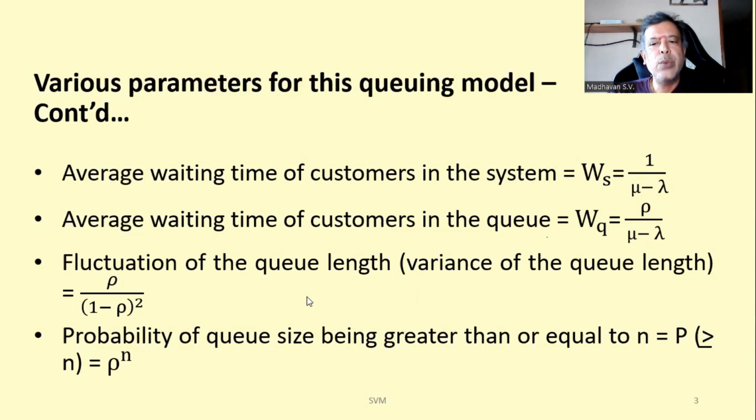The fluctuation, or variance, of the queue length is rho divided by 1 minus rho, the whole square. Finally, the probability of queue size being greater than or equal to n is rho to the power of n.